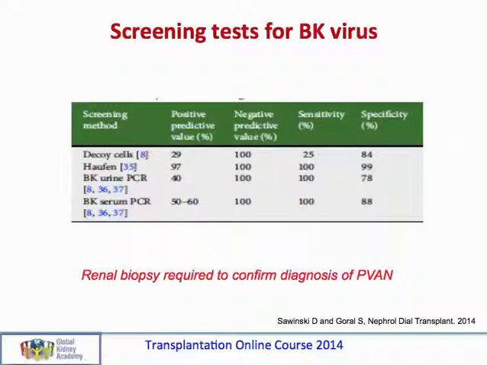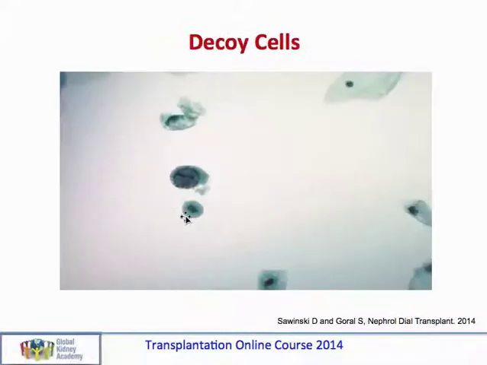So that is why most people would argue that even if you have BK viremia, you should go on and do a biopsy, because the positive predictive value of BK viremias are only around 50 to 60%. These are decoy cells in the urine, so these are tubular epithelial cells shown in the urine that have been infected with BK virus.